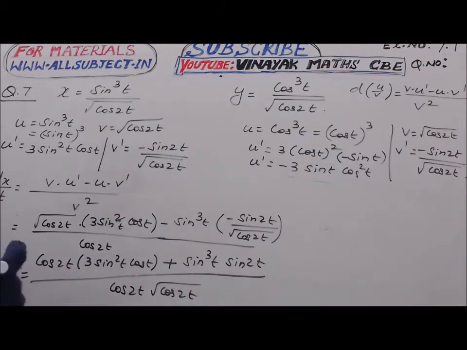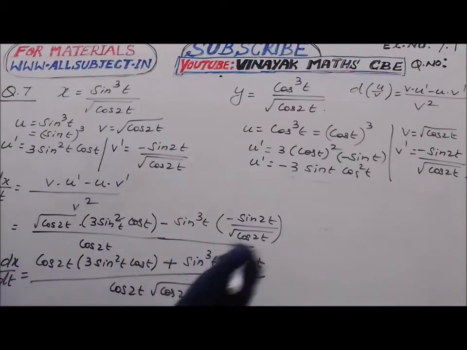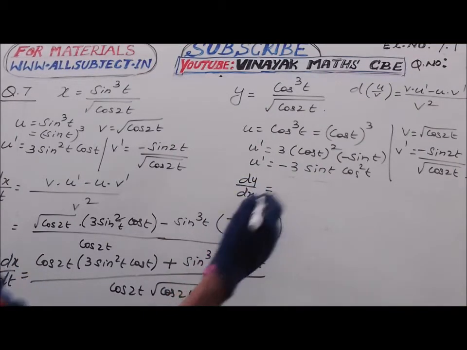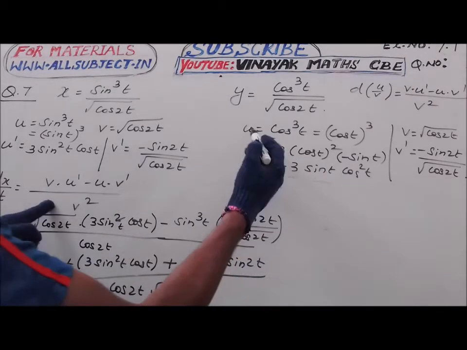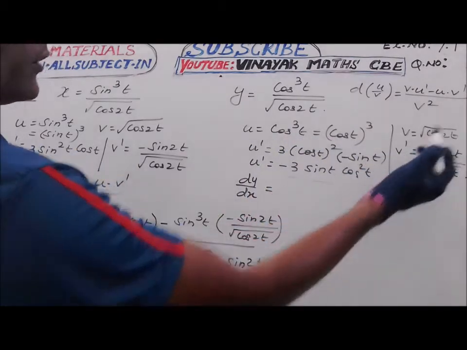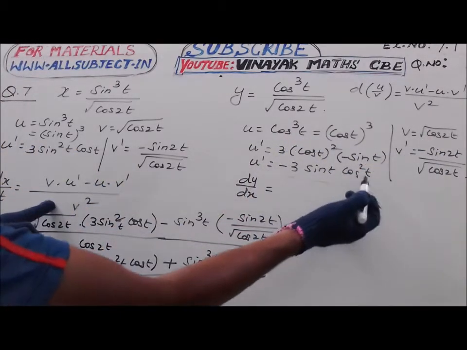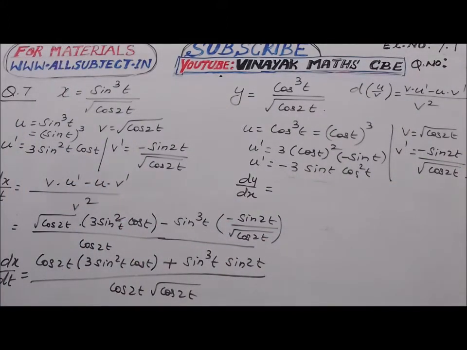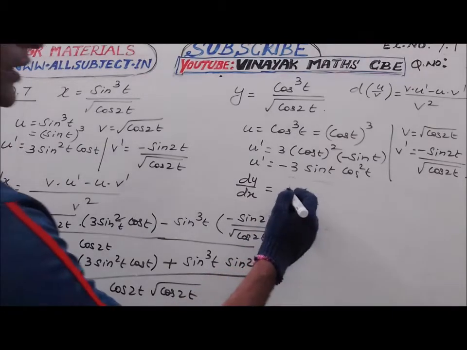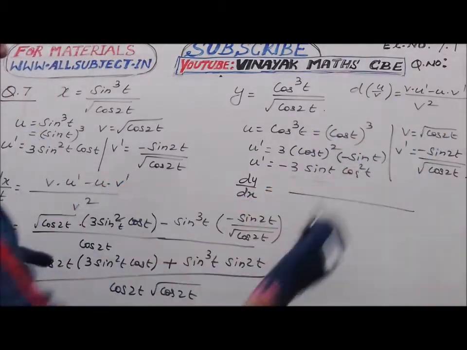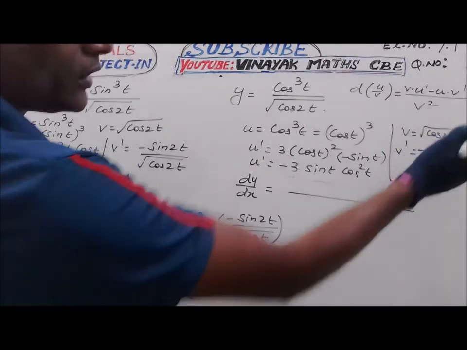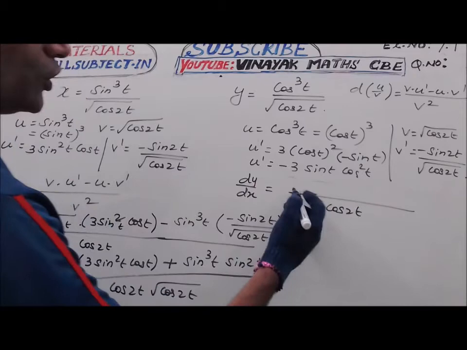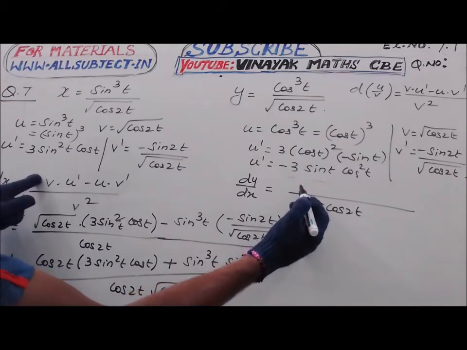Now we are moving to dy by dt. Similar to that, dy by dt equal to, applying the same formula, u as cos cube t, v as root of cos 2t, u dash is minus 3 sin t cos square t, and v dash is minus sin 2t by root of cos 2t. Now substituting, v square, the same thing will appear. V is root of cos 2t. V square means simply cos 2t into, now v into u dash.